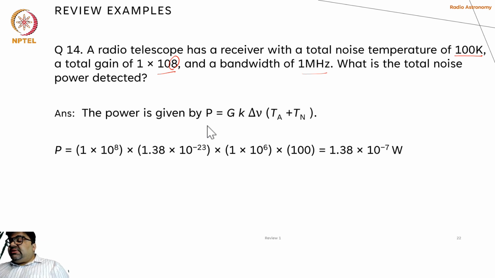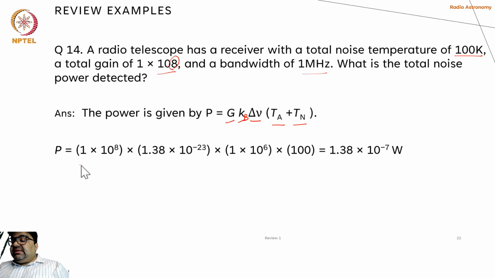So total noise power detected will be the gain times the K in the Boltzmann constant, times the bandwidth, times TA plus Tn. Okay, so total gain is given.